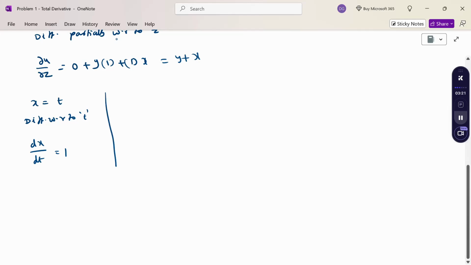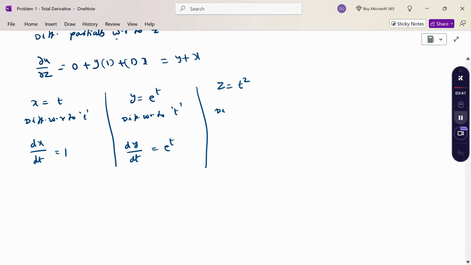Then y equals e power t; differentiating with respect to t, dy by dt equals e power t. And z equals t square; differentiating with respect to t, dz by dt equals 2t.